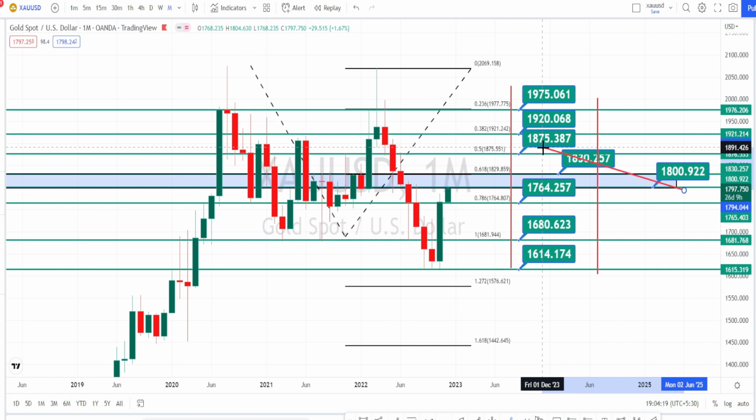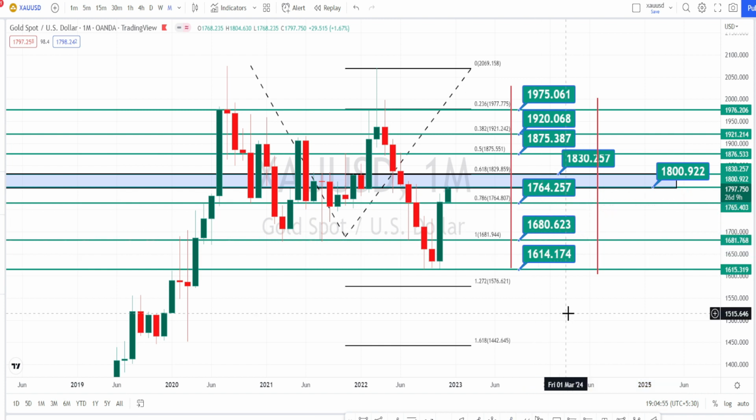Only when it breaks 1875 can we expect it to test the next resistance, around 1920 and 1975. And if the price action bounces back from this resistance zone between 1830 to 1800, the next levels of support are around 1764, 1680 and 1614.